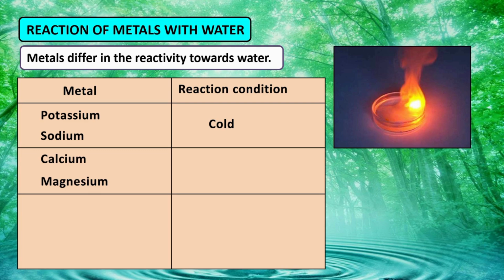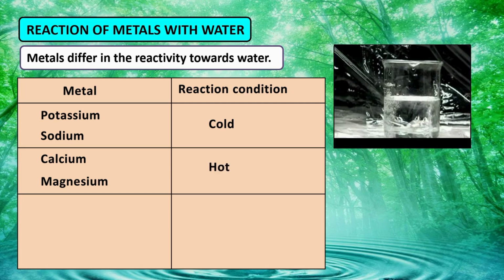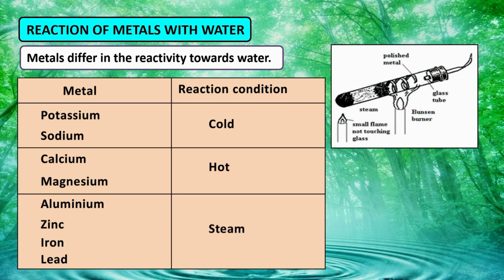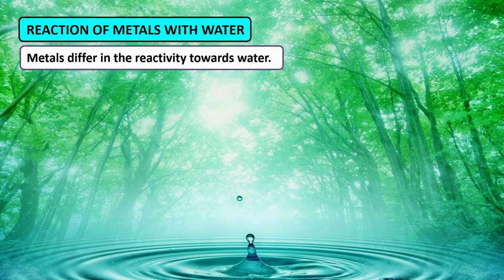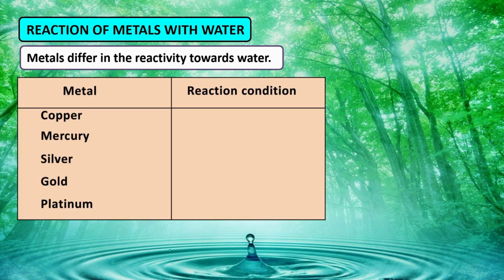Metals calcium, magnesium: reaction condition hot. Metals aluminium, zinc, iron, lead: reaction condition steam. Metals copper, mercury, silver, gold, platinum: there is no reaction.